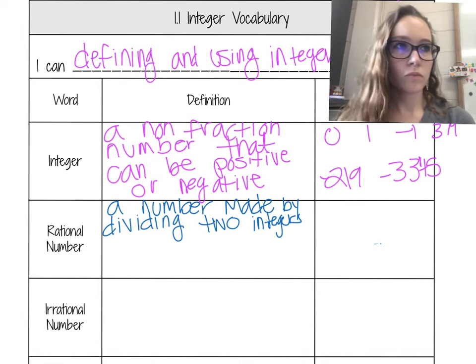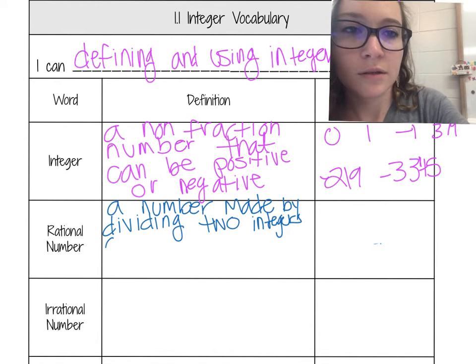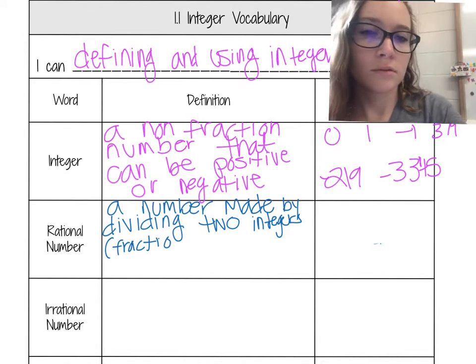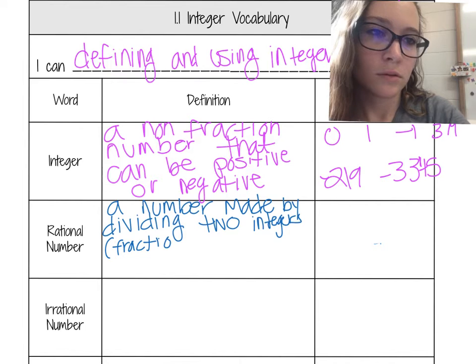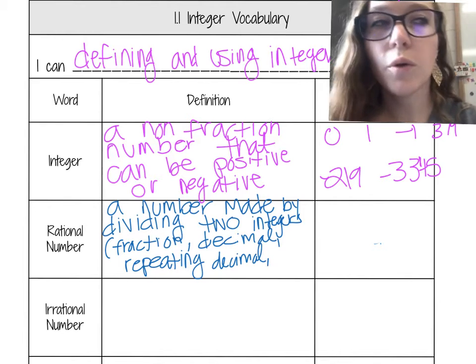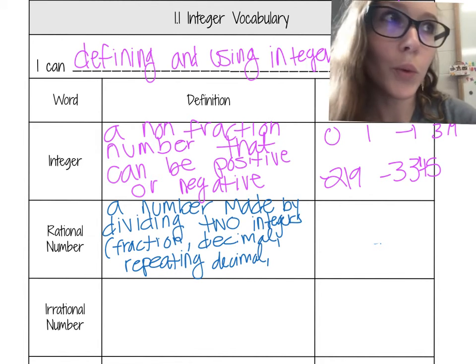So that could be a fraction, it could be a decimal, or it could be a repeating decimal. Or it can be an integer.